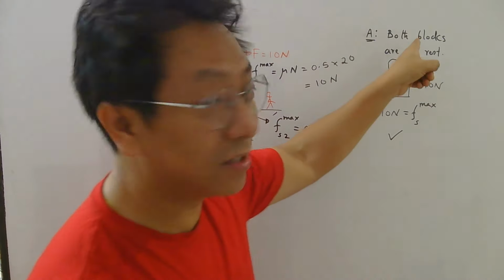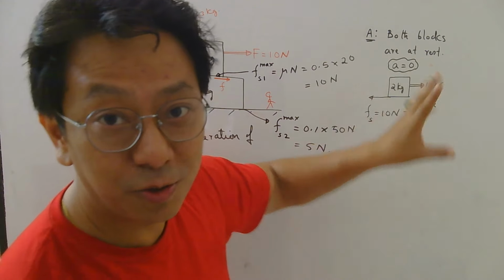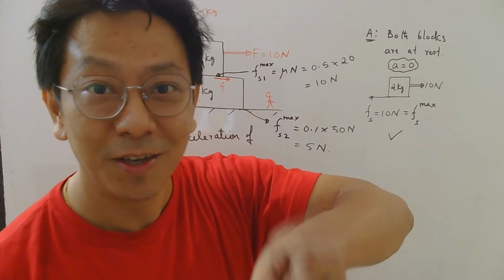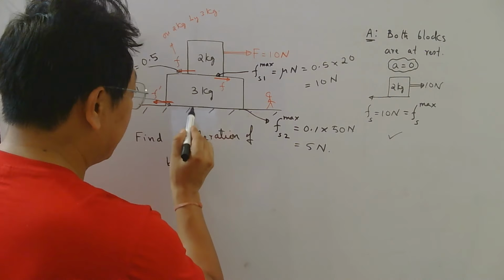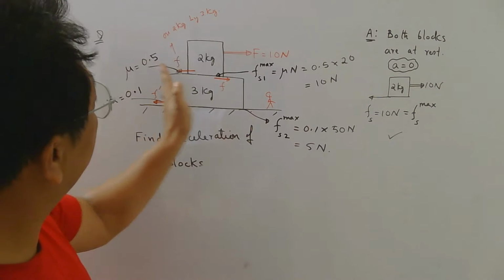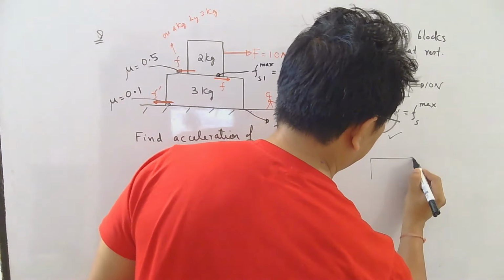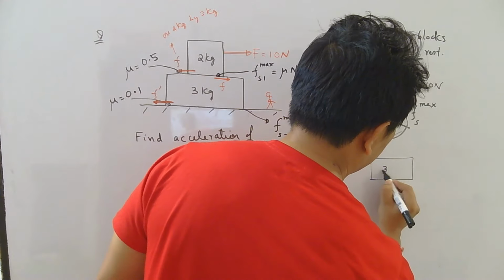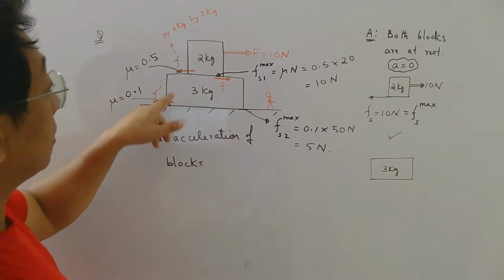But don't think our assumption is right, because you have to check for the lower block also. I have assumed both the blocks are at rest, so don't only assume for the upper block. Now to check whether there is slipping here or not, you can take either the 3 kg block as the system, or you can take both the 2 and 3 kg as the system. Let me take the 3 kg as the system.